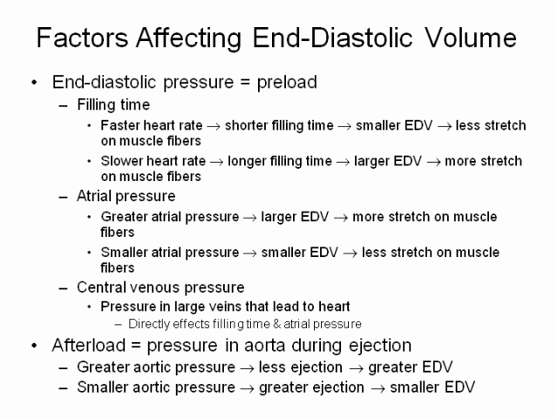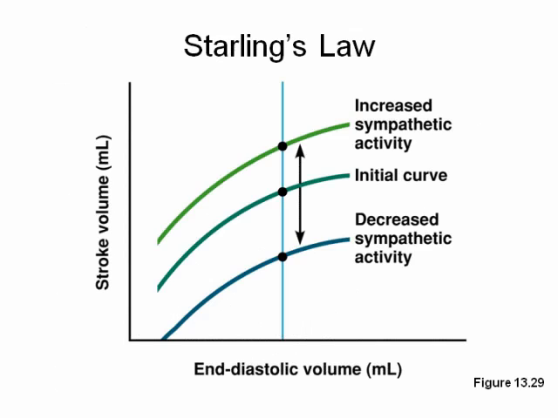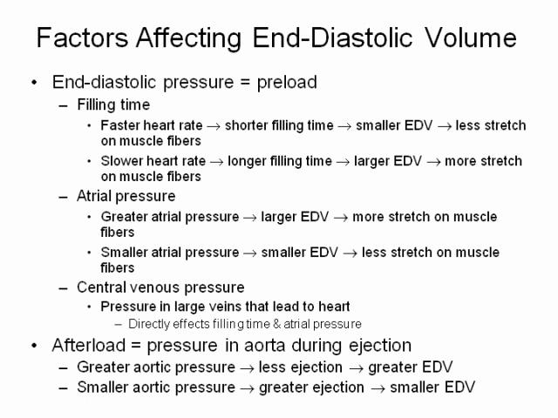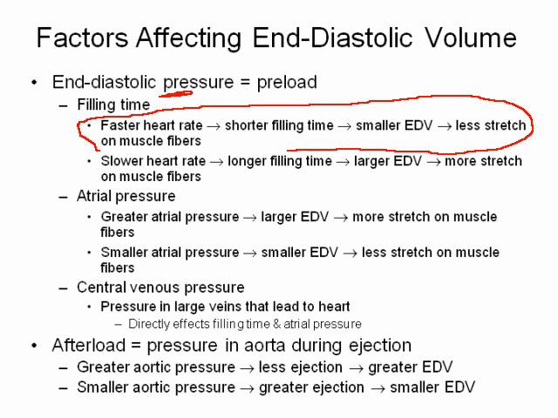Now, factors that affect end diastolic volume, because end diastolic volume affects stroke volume, so we need to be concerned about factors that affect end diastolic volume. Filling time. Higher heart rate means there is shorter filling time. If there's less time for blood to come into the ventricle, we have a smaller end diastolic volume and a lower stretch on muscle fibers.